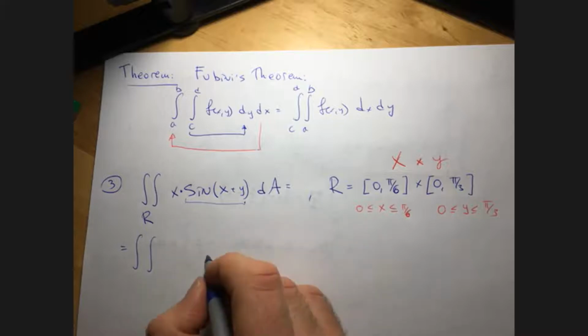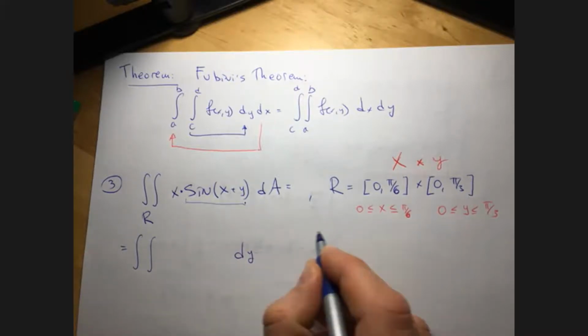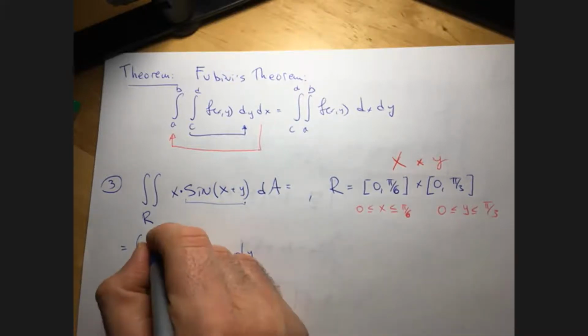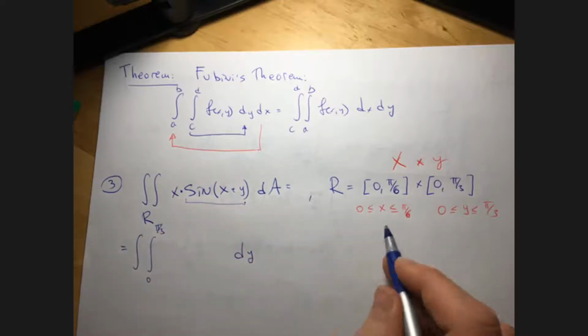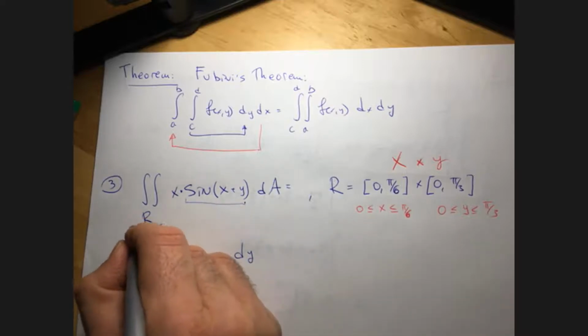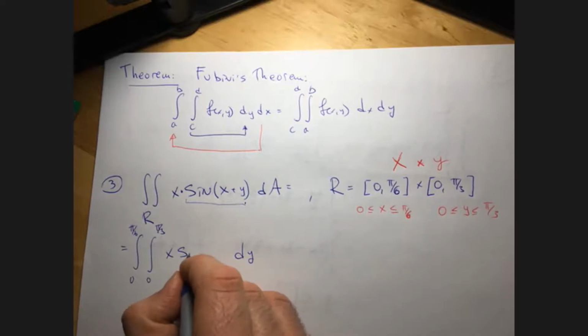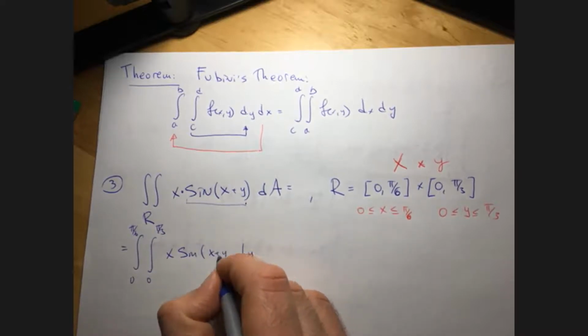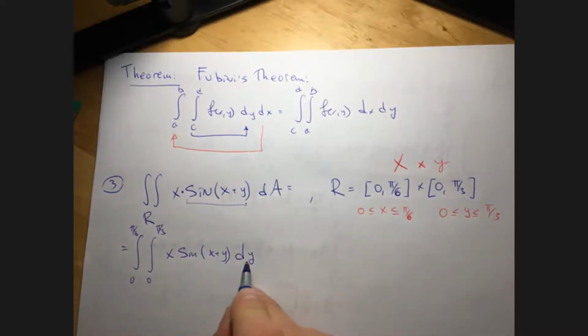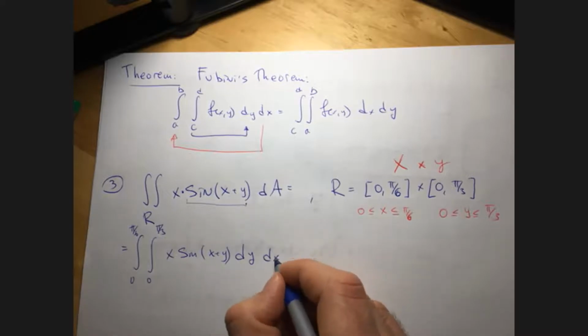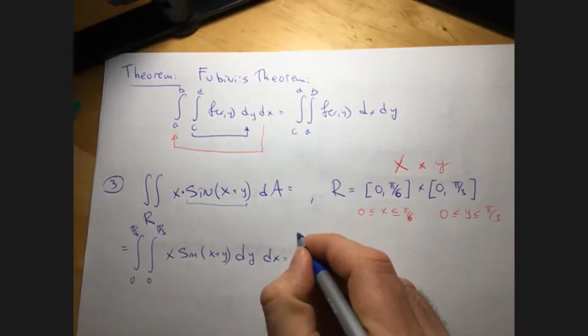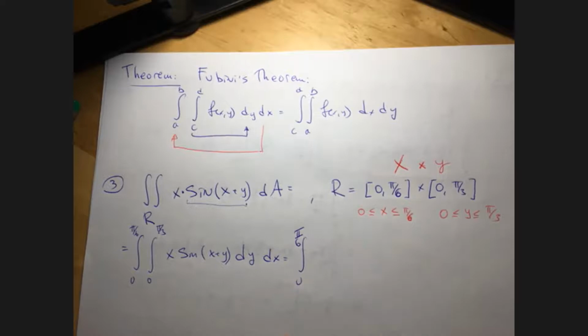So first integrate with respect to y. Y runs from 0 to pi over 3, x runs from 0 to pi over 6, x times sine of x plus y, first in terms of y, then in terms of x. Okay? So I treat x as a constant.